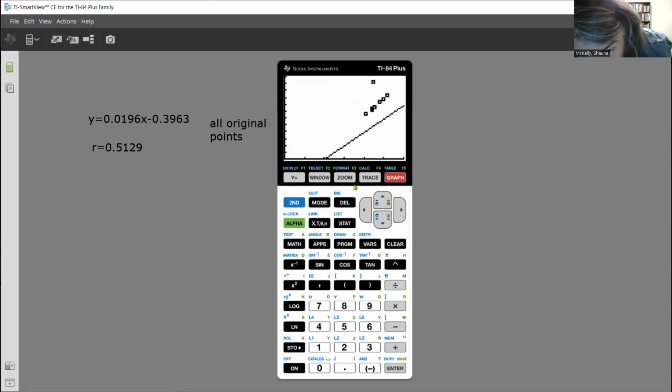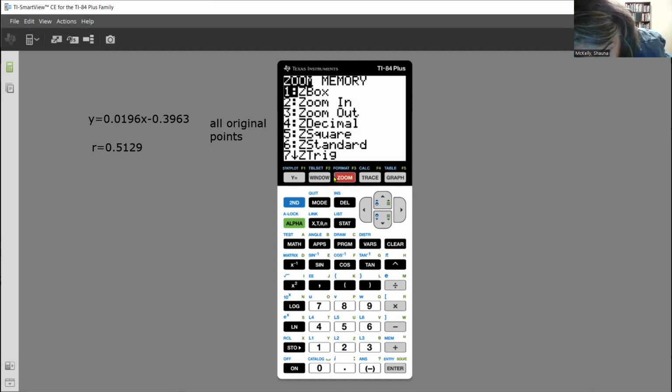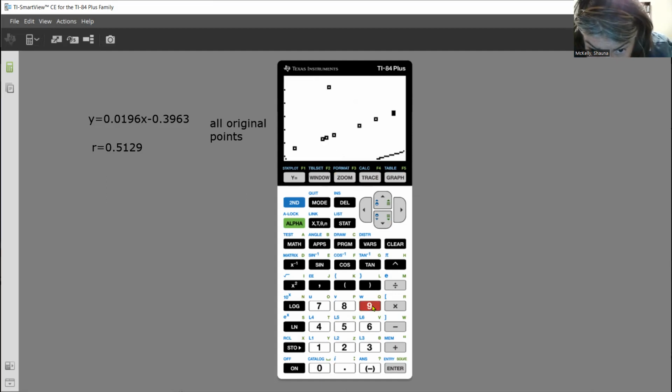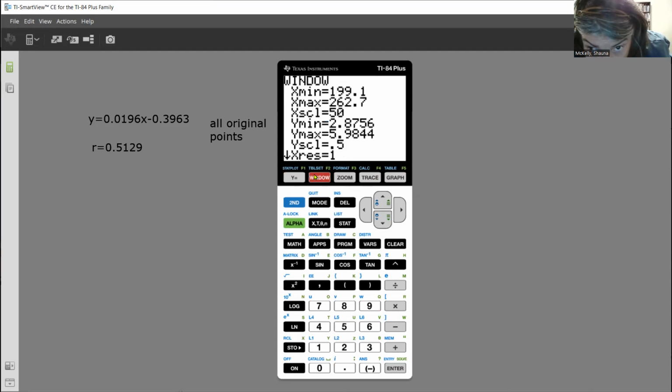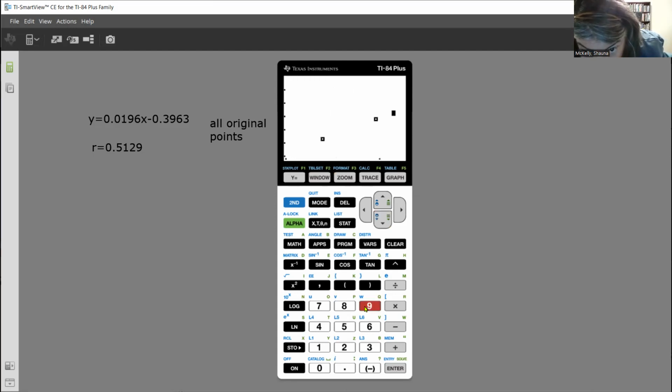Here's my graph. Okay, something like this. Again, this is off. If I zoom to fit the data points, then I'm looking at my window setting. I can Zoom 9. There's my line.